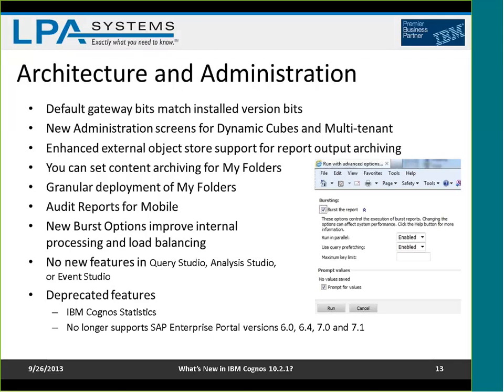So 32-bit install kit, 32-bit gateway default. 64-bit install kit, which is all of Unix and Linux, and sometimes Windows, 64-bit gateway is the default now with 10.2.1 and going forward. Dynamic cubes and multi-tenant capabilities now have their own administration screens. I'll actually show you those later when we talk about those topics specifically.